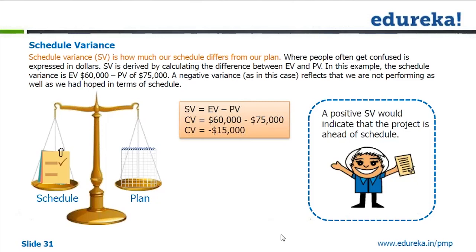Give me one example of a situation, the reason why it can be that you have spent less but you are behind schedule. One example of an analysis that can be done, a reason which may lead to this kind of a situation.